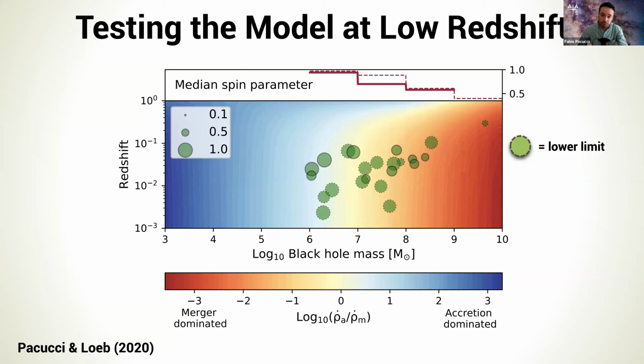So it's not obvious that you expect higher spin parameters if accretion is dominant. This has been proved only in the lower redshift universe. So we are looking forward to having measurements of the spin also at higher redshift to prove or disprove our model.